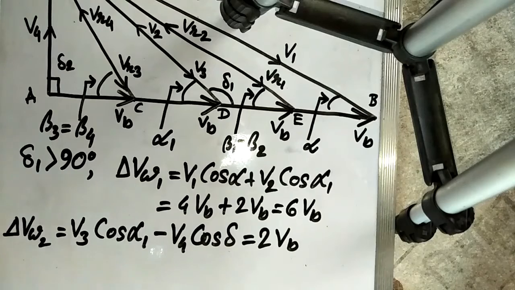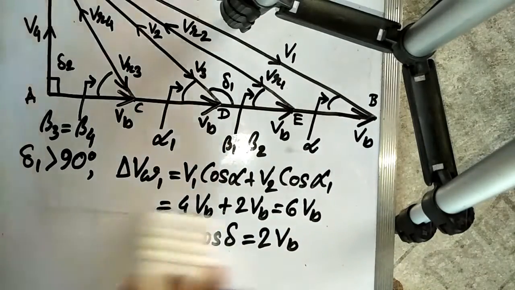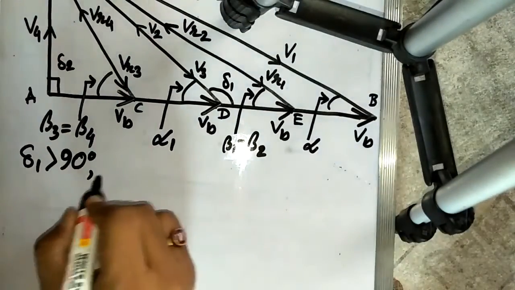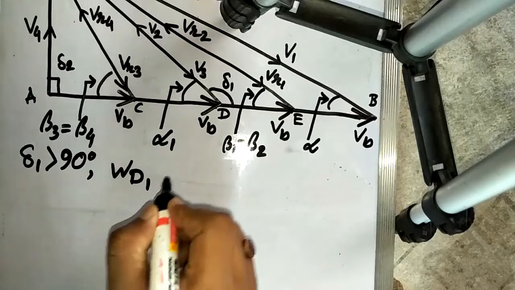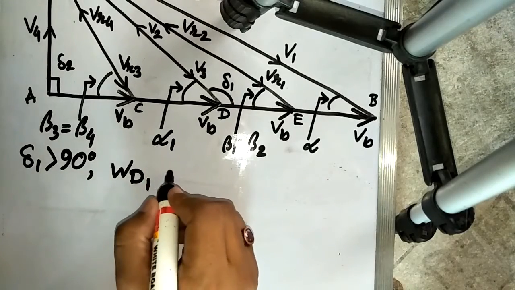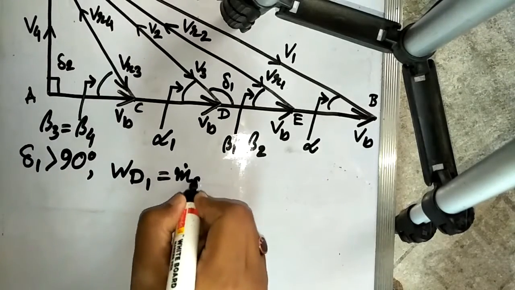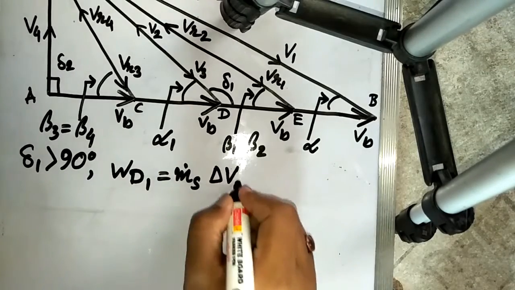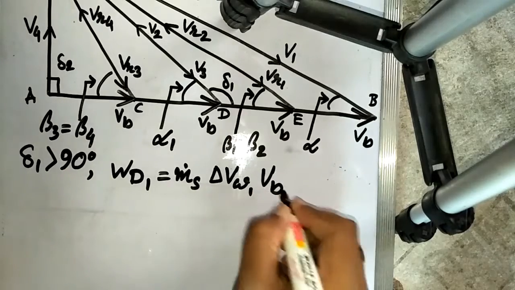Okay, so the work done by the steam jet for the first row of moving blade. We know that the formula is W_D1 is equal to m dot s, the mass flow rate, into Δv_ω1 into vb.